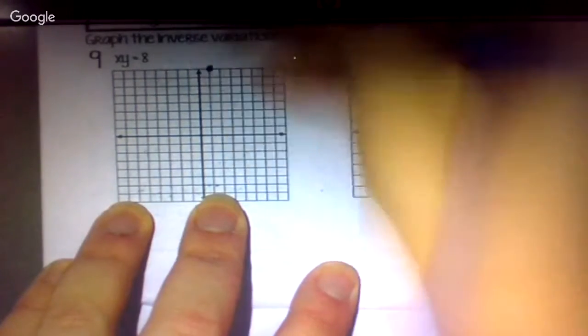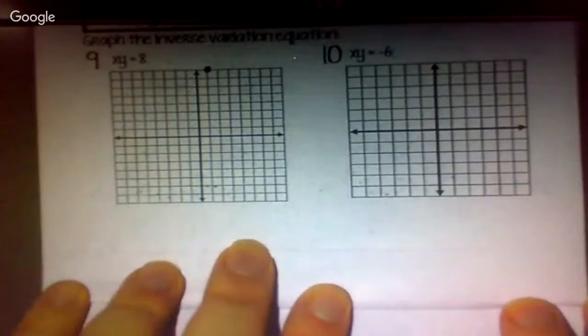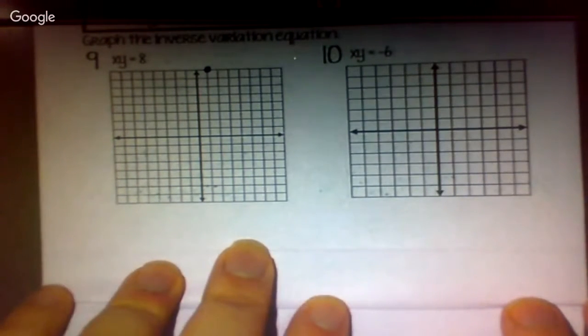So I can graph the point 1, 8. Or if 1 times 8 works, so does -1 times -8. Remember that mirror image. So if +1, +8, we can go -1, -8.